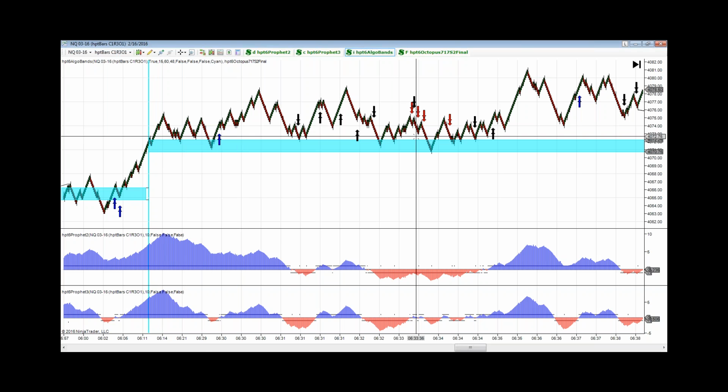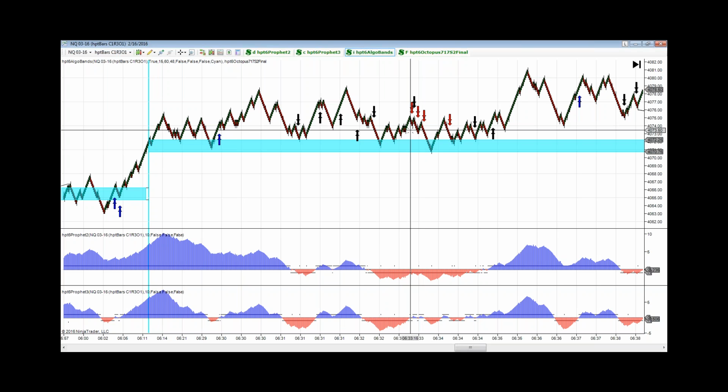Once we entered the band again, which was right here, we'd be looking at a short trade or a long trade, depending on whether we close above or below. Okay, notice we had octopus signals here, but we did not close below the band.